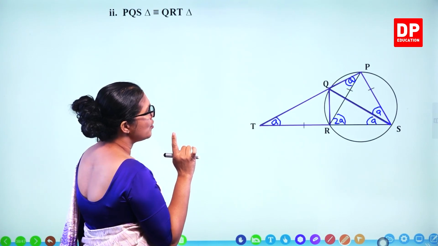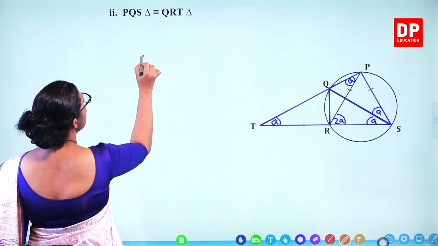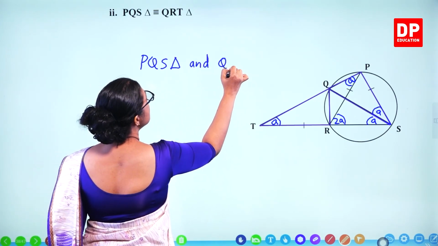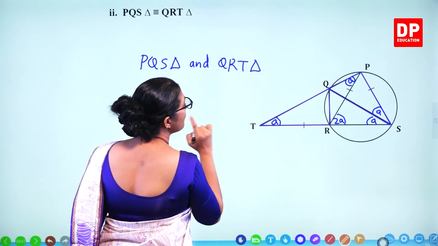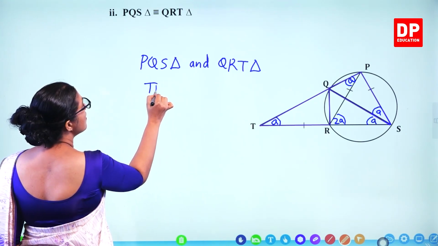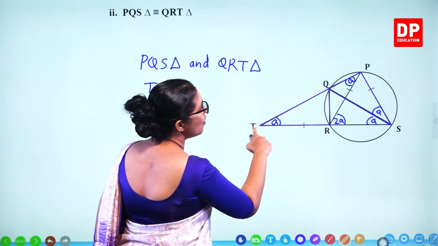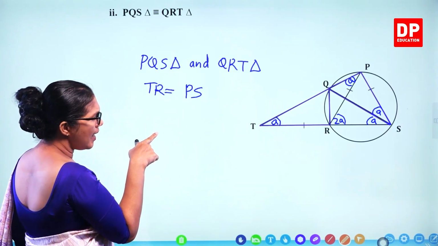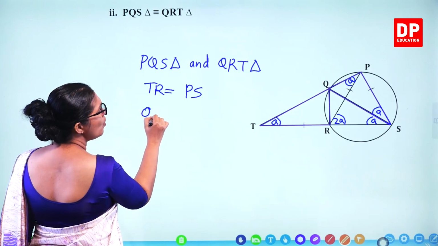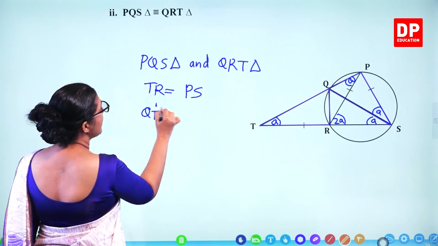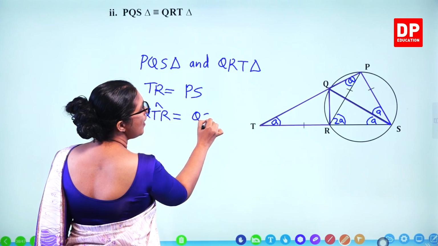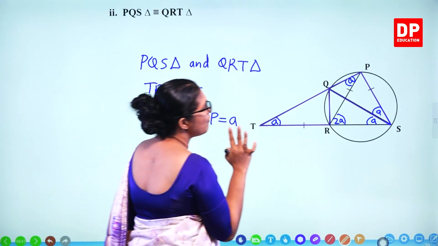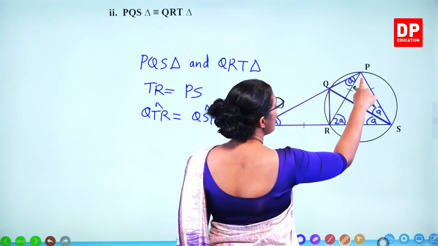Now when you take triangle PQS and triangle QRT, we can say TR is equal to PS. That's given. And angle A is also there. Angle QTR is the same as angle QSP. That's A.